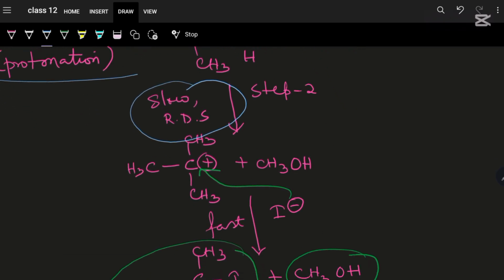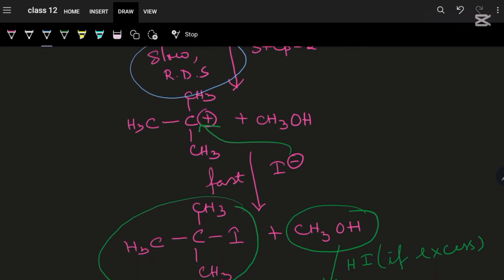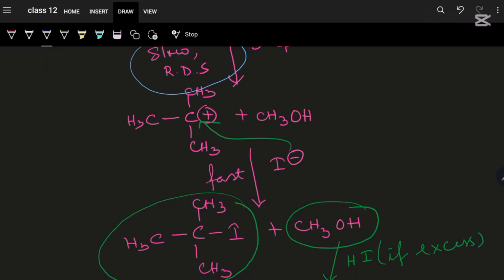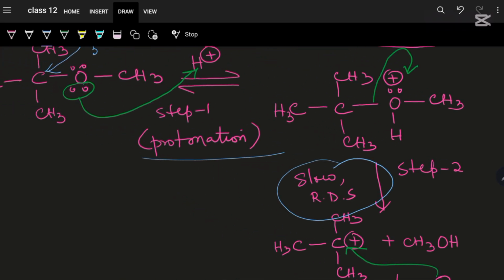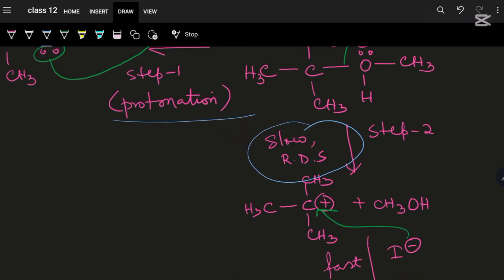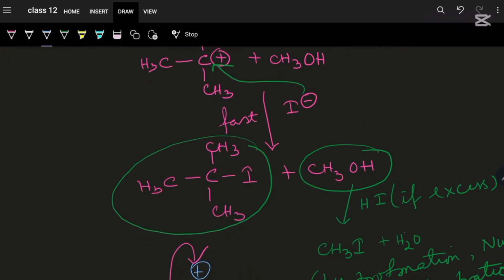After the carbocation formation there is I minus attack, and always remember the I minus attaches to the 3 degree carbon, because the reaction pathway has changed and it has gone through formation of a carbocation intermediate.